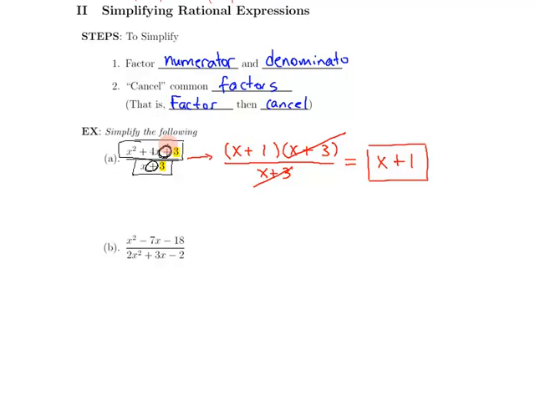When you see plus signs in the numerator, or you see minus signs in the numerator, think mortar between bricks. Those things are stuck together and you can't break them off. They're stuck to the rest of that numerator, that denominator.